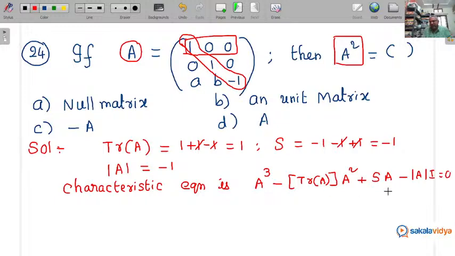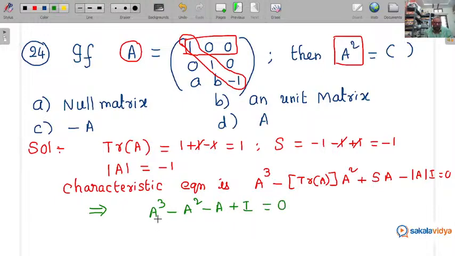You need to remember this forever. Okay. So now the characteristic equation becomes A cube, trace A is 1, so minus A square. Now minus A minus 1 plus I equals to O.